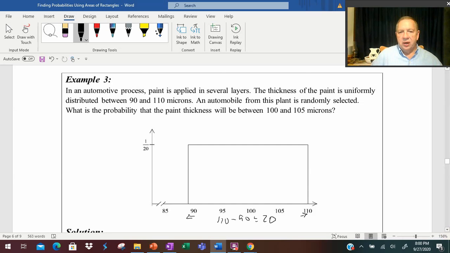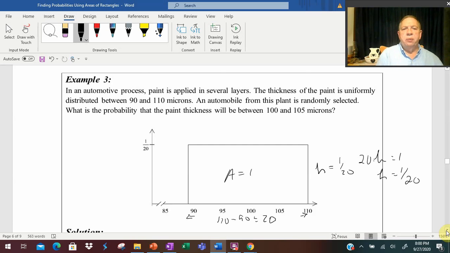And then I want this area, the total area in here is 1, because it's uniformly distributed. And in order to have the height h, 20 times h, the length times the width, to be equal to 1, the unit area, h is equal to 1 over 20, and that's where this comes from. Okay, so we know this is 1/20th. But that's where they got it from. We know it because it's labeled.